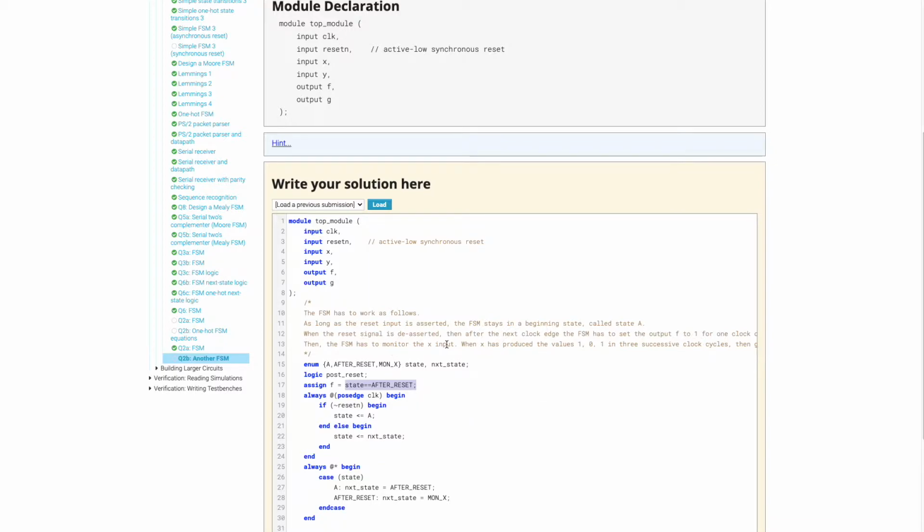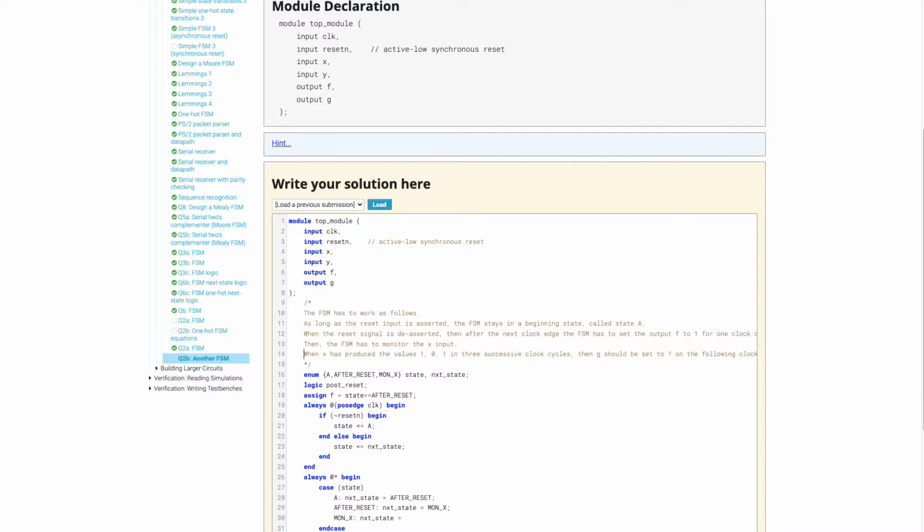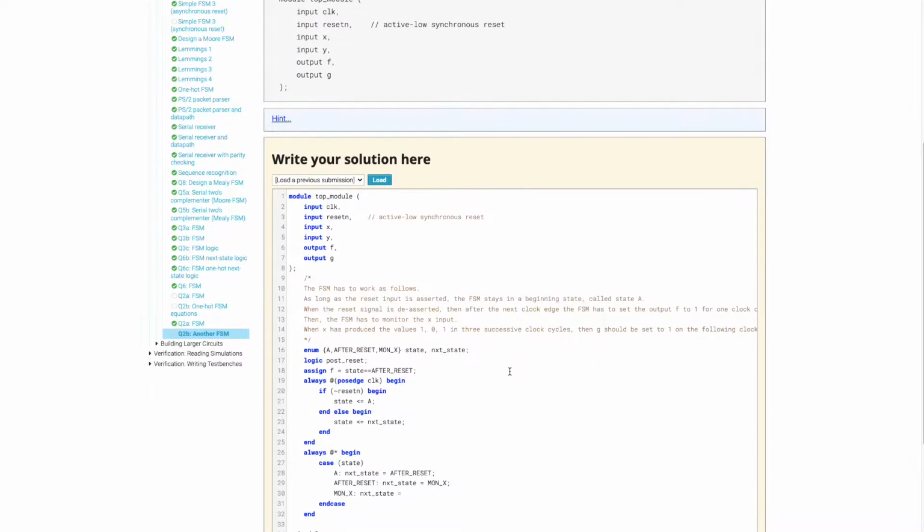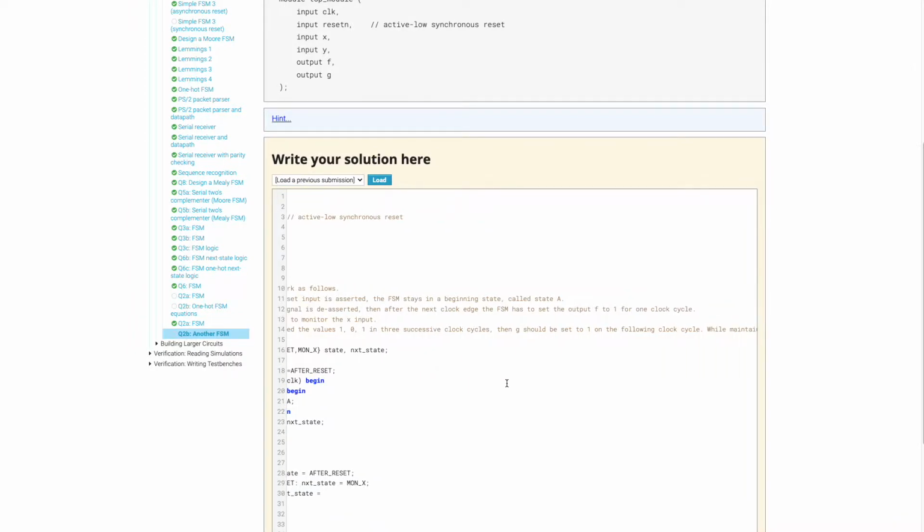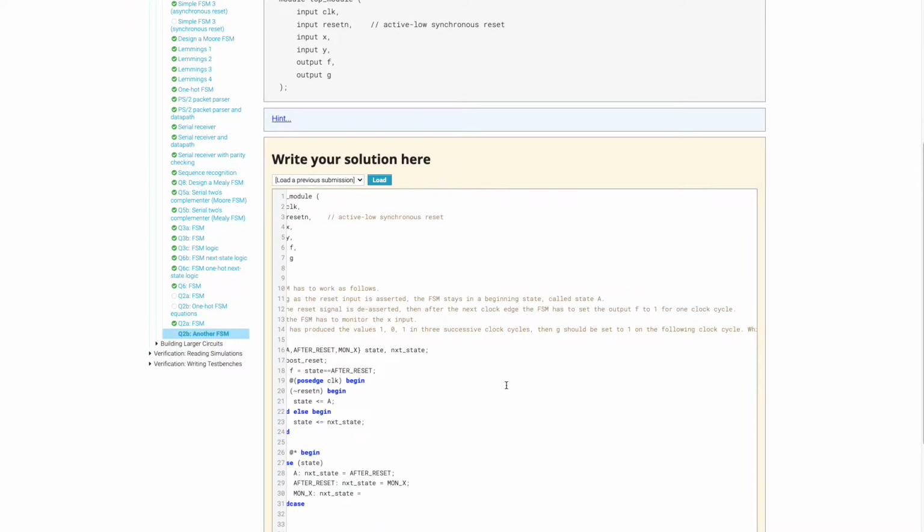Then the FSM has to monitor the X input, specified by this mon X situation. And when X has produced 101 in 3 successive clock cycles, then G should be set to 1 the following cycle.